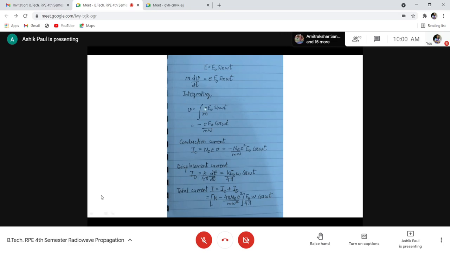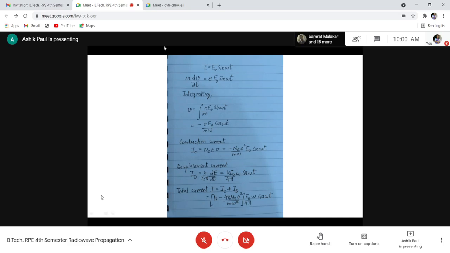So if we now integrate both sides, we get essentially V as small e into E0 by m. Small e is the electron charge. Remember, just be careful: in Chapman theory and also in some of the earlier derivations, the small e was mostly the exponential. But here, because we are considering the motion of electrons in a fluctuating electric field, this small e is actually the electron charge.